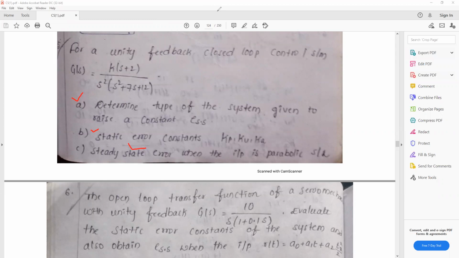So what type of system? Tell me, what type of the system?